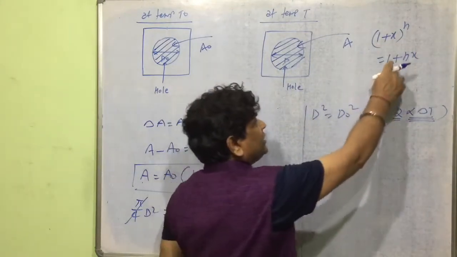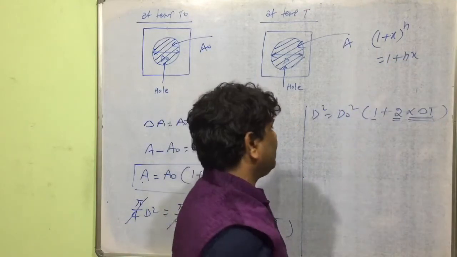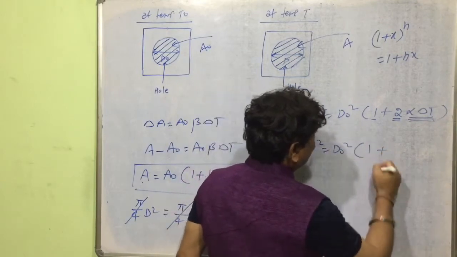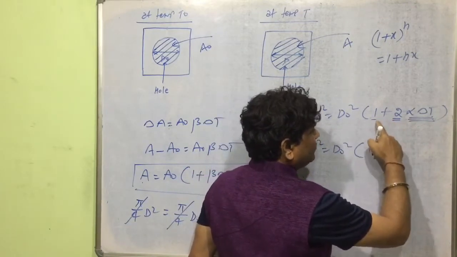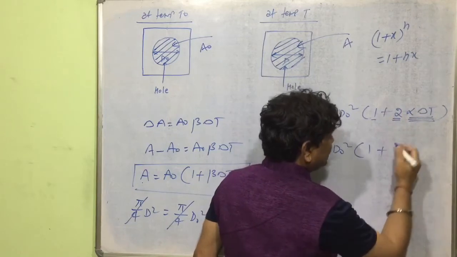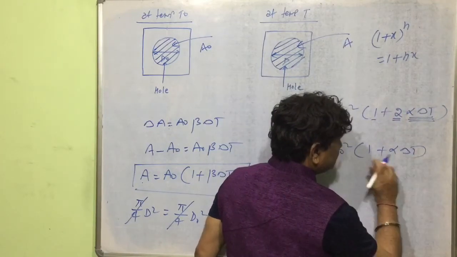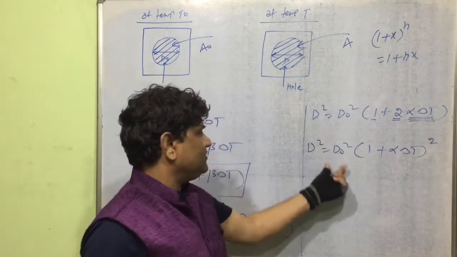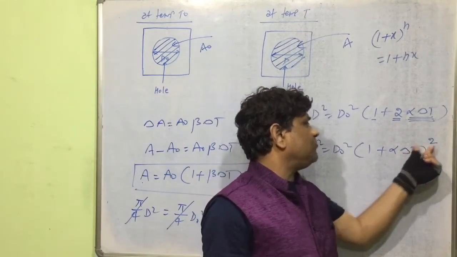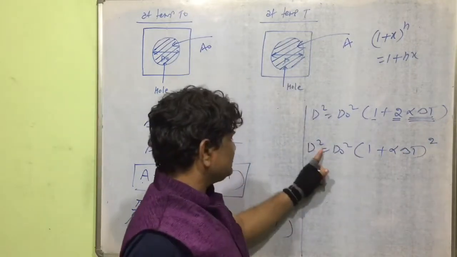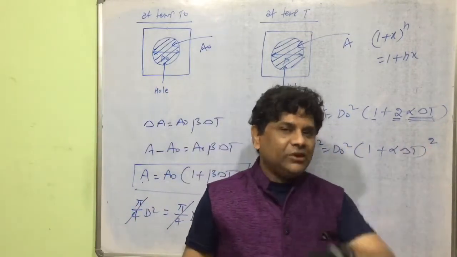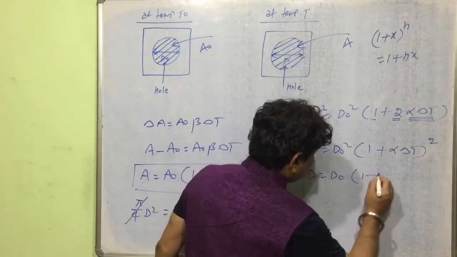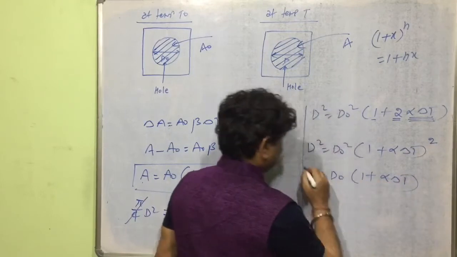So how to convert it? D square is equal to d naught square into 1 plus nx, which is 1 plus x to the power n, where n is equal to 2. So d square is equal to d naught square into 1 plus alpha delta t, whole square. Now this is square, and here is square, so the square will be eliminated. So d will become equal to d naught into 1 plus alpha delta t.